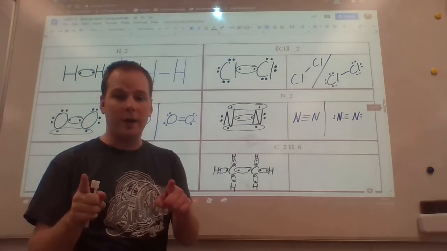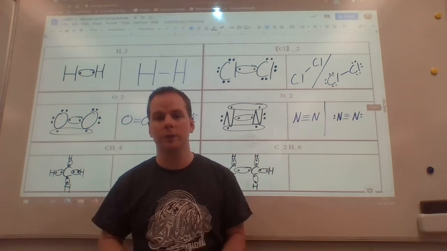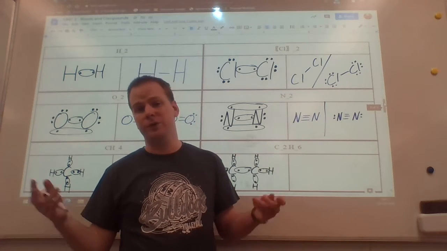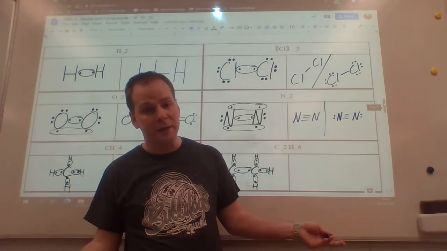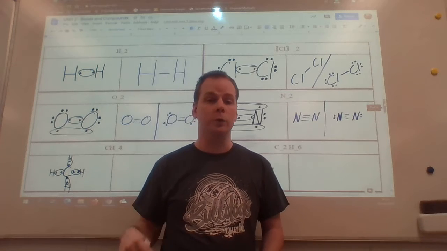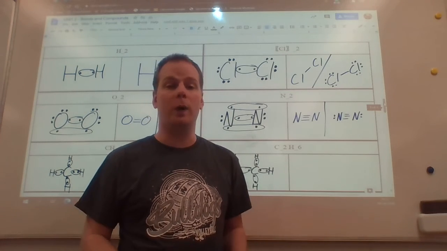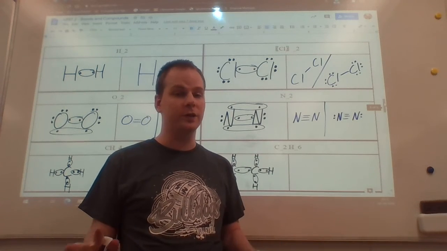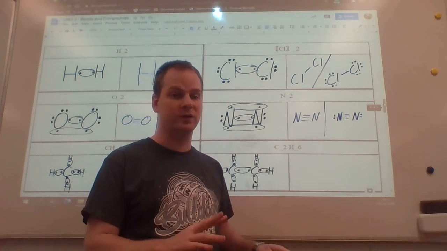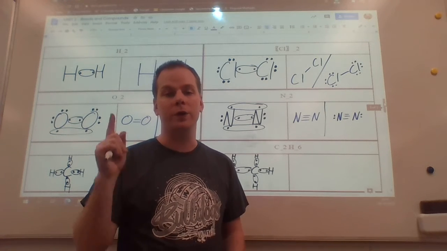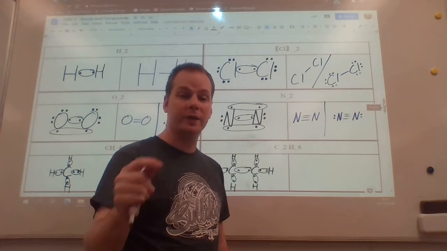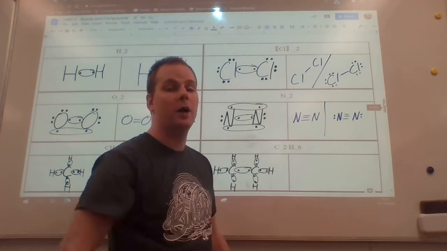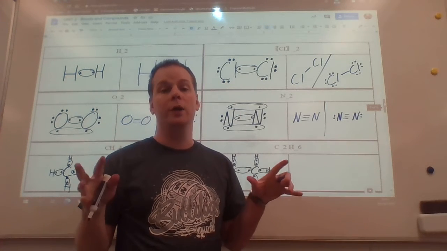So you guys do these two. Should be pretty straightforward. You just need to change the circles for lines. And then I want you to work on worksheet 4. Make the swap for them, doing the same structures that you did for the Lewis structures. And then I want you to do the extra assignment scrolling down from this point to work on those.